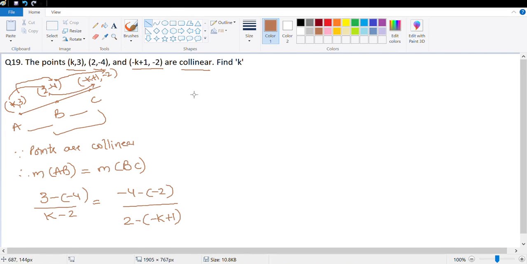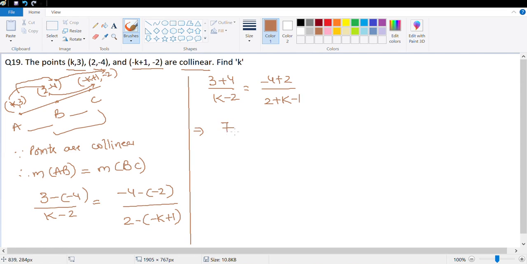Okay, let's open the brackets and see what we get. So that is 3 plus 4 upon k minus 2, and this is -4 plus 2 upon 2 plus k minus 1. Right, that's 2 plus k minus 1. Let's add them up. That's 7 upon k minus 2 is equal to -2 upon 2 minus 1, which is 1, so that's 1 plus k.